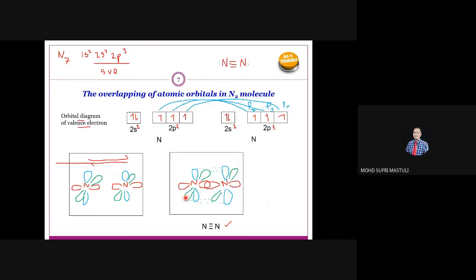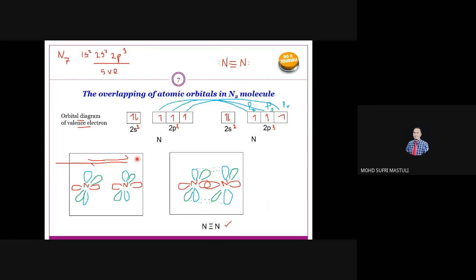Last but not least, nitrogen. From the Lewis structure, we know nitrogen has a triple bond. So in the valence bond theory, we should identify within the triple bond which orbitals are involved. After we draw the orbital diagram of valence electrons, we find out the p orbitals px, py, pz are single. Three of them are single, so they couple with each other, px with px, py with py, pz with pz, in order to form the nitrogen triple bond.